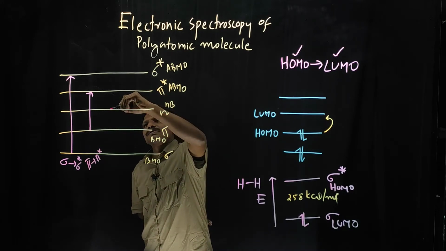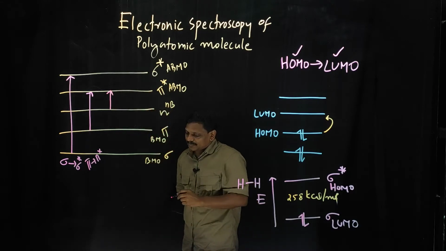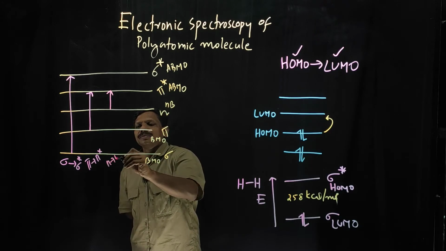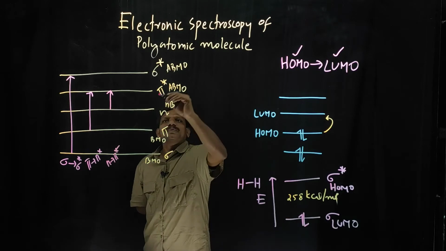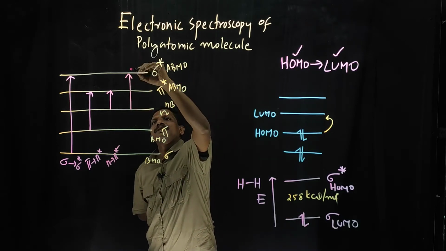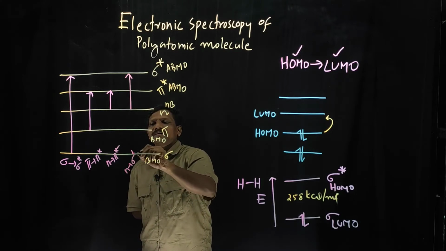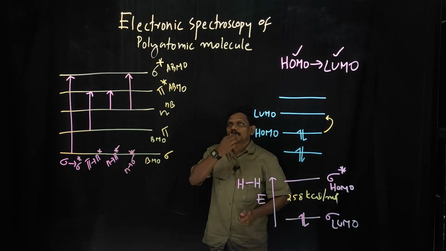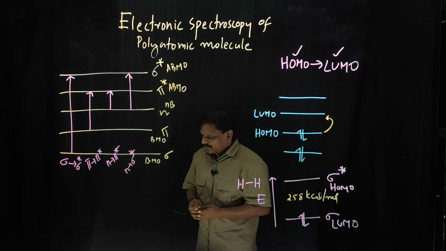You can also draw the n to pi star transition, and finally the n to sigma star transition. So these are the available types of transitions in polyatomic molecules.